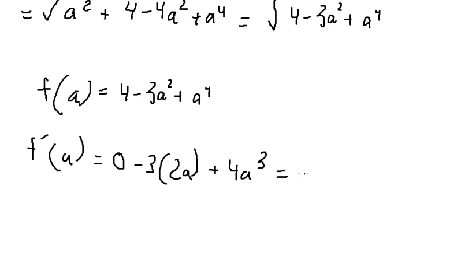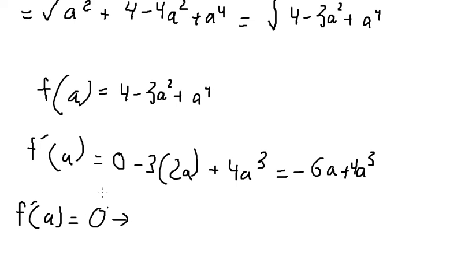Now we need to simplify, and we have negative 6a plus 4a to the power of 3. Now we need to set the first derivative of the function equal to 0. That means we put this one equal to 0.